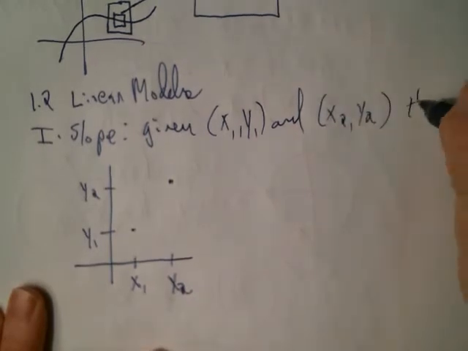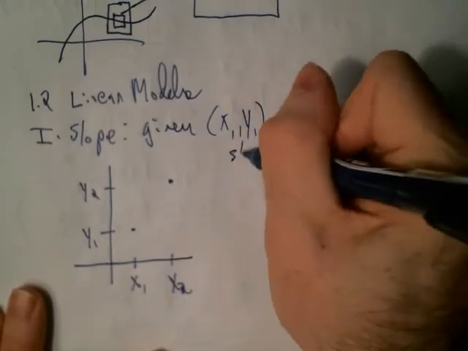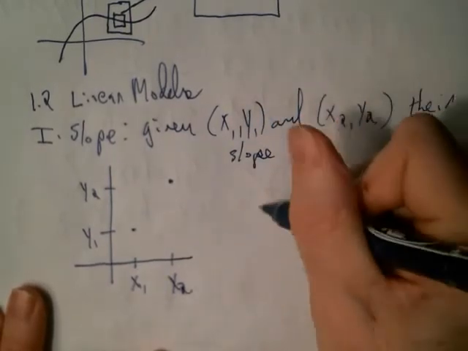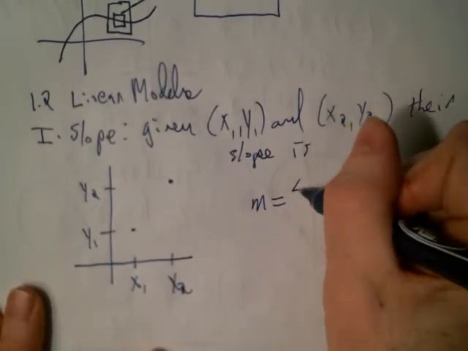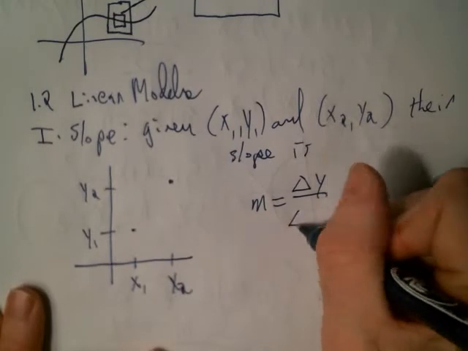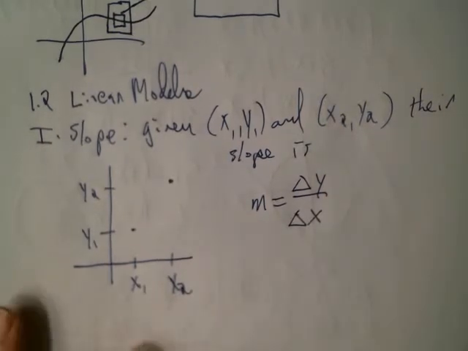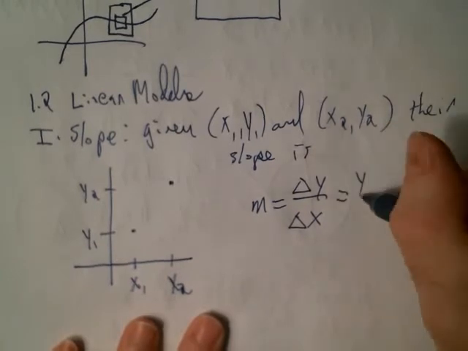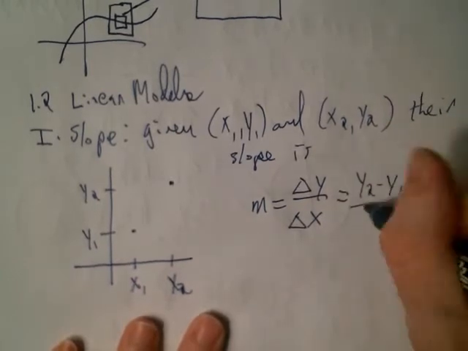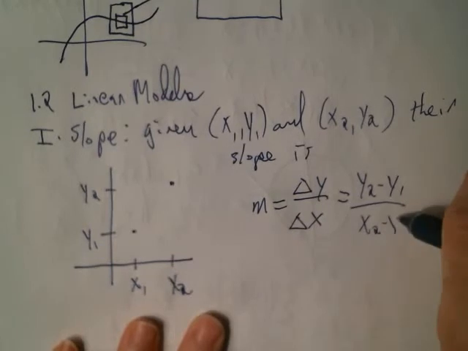Their slope is given by this formula. Later we'll have different notation, but it's y2 minus y1 all over x2 minus x1. Okay?